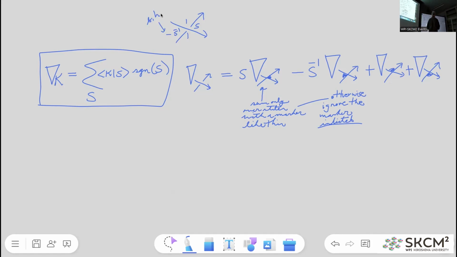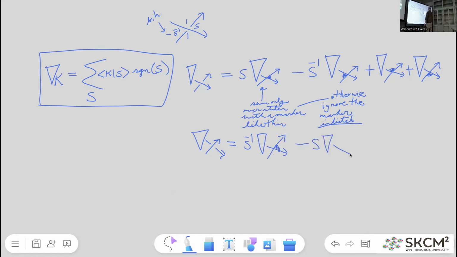Okay. And then we can say, well, what would happen if I switch the crossing? Well, if I switch the crossing, then that will turn into an S inverse. Turn into S. And otherwise, everything remains the same.